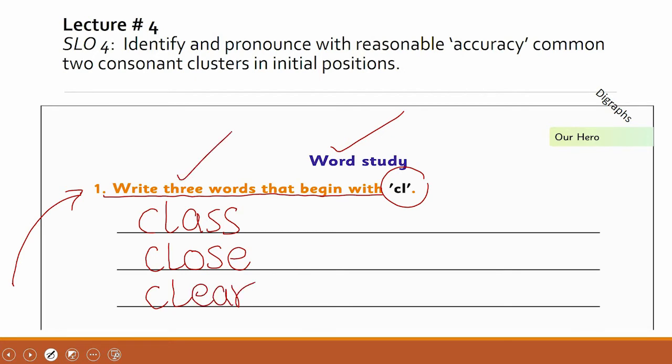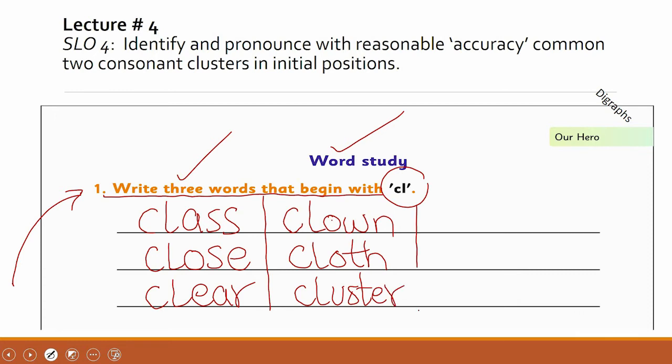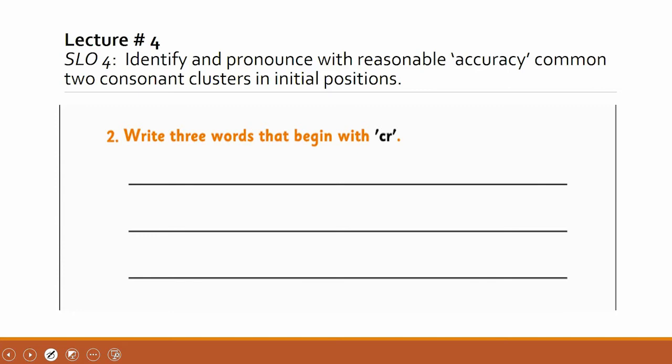In the book they are only asking for 3 words, but I will write more words here for you. Clown, cloth, cluster, clear, clan, clean.